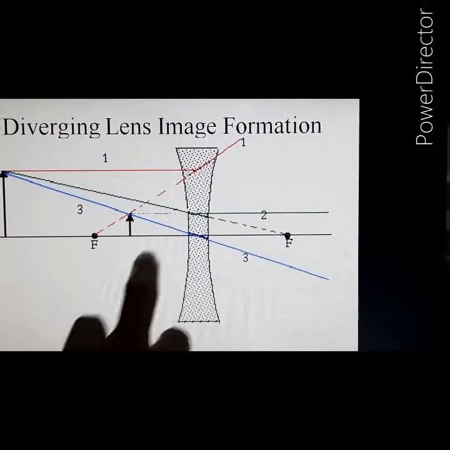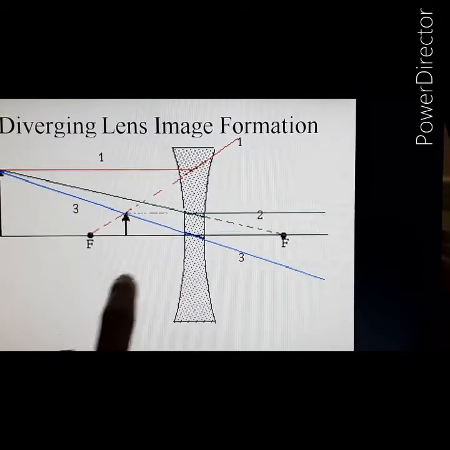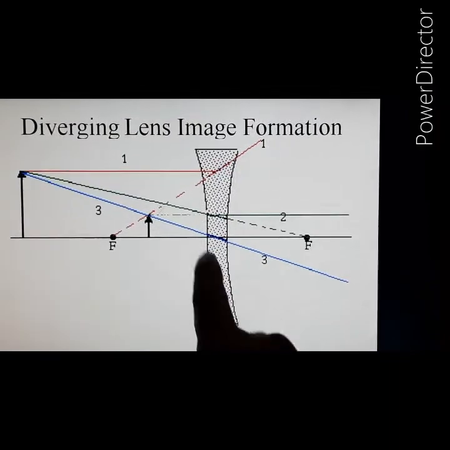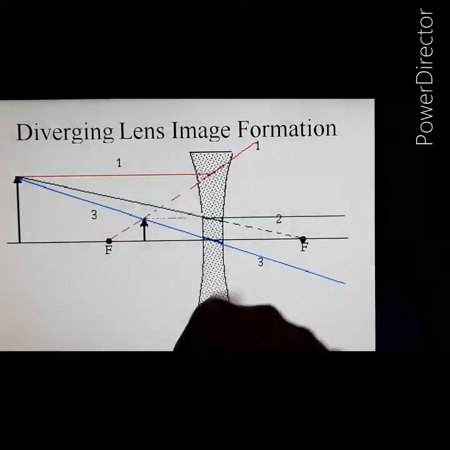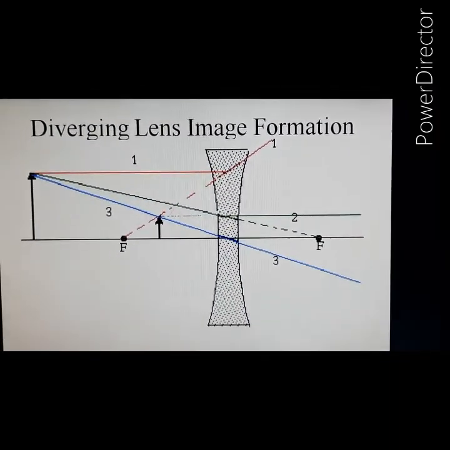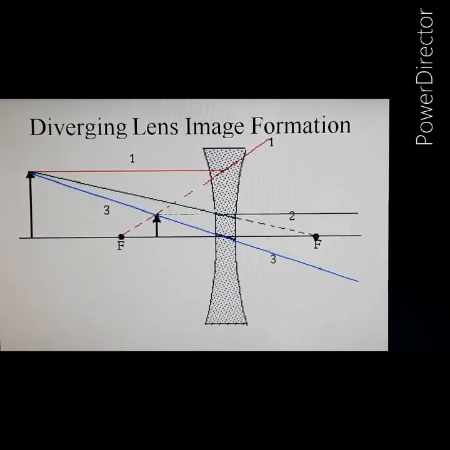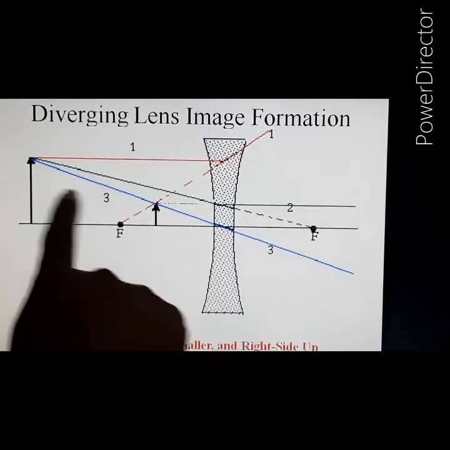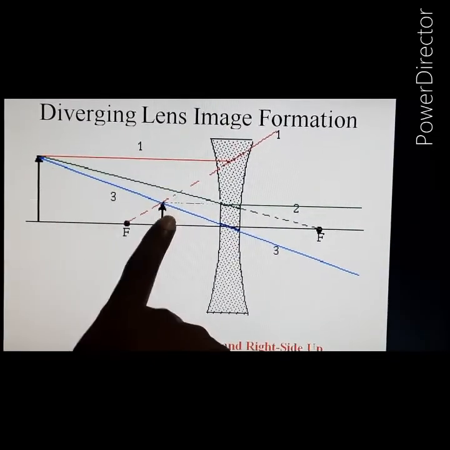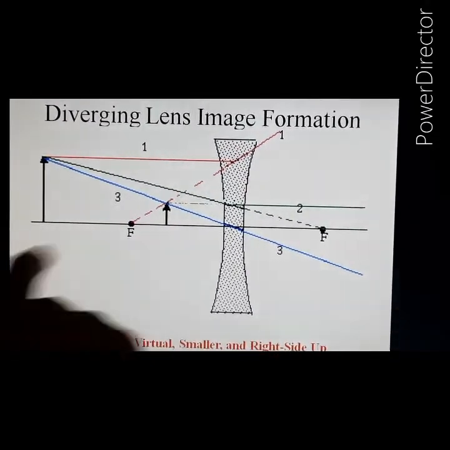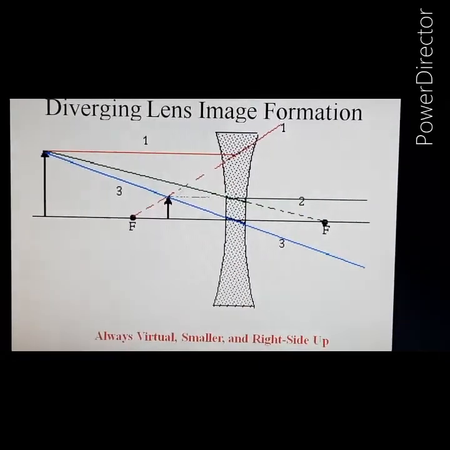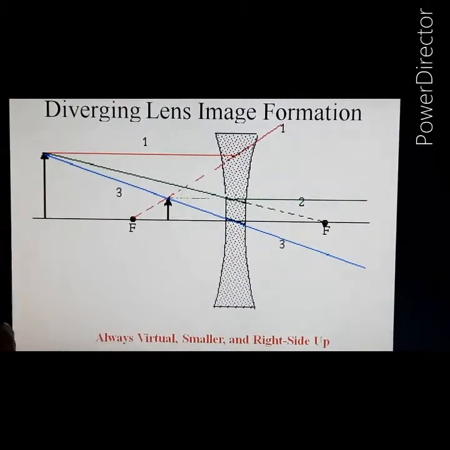This type of lens we use in the case of spectacles, to correct our eyesight. Here the characteristics of the image are given. Automatically by seeing, we can see the size of the image has decreased. This is a virtual image since it has formed by apparent light rays, and it is smaller.